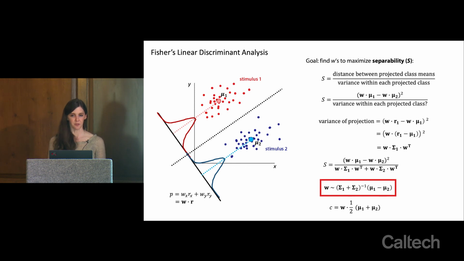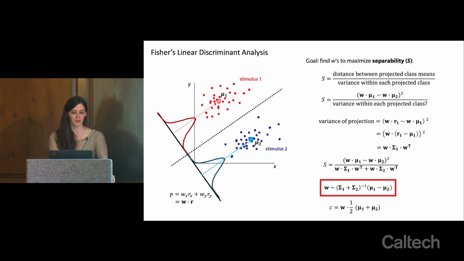So once we take all of these points and we move them down to this line, what is the spread of points along this line? And that is just defined by this, the variance: the firing rates of the cells projected onto the line minus their mean. So you can solve for what that is as this term here. So this gives us an equation for the separability of the cells.